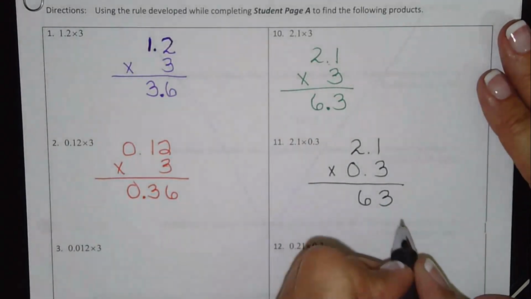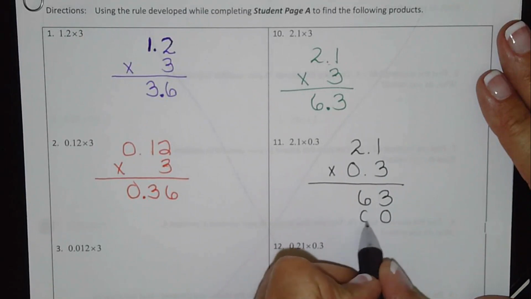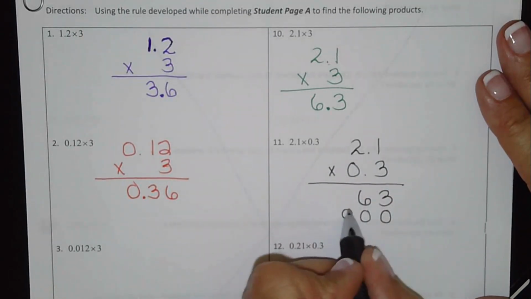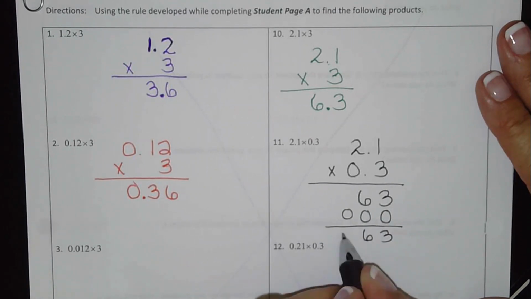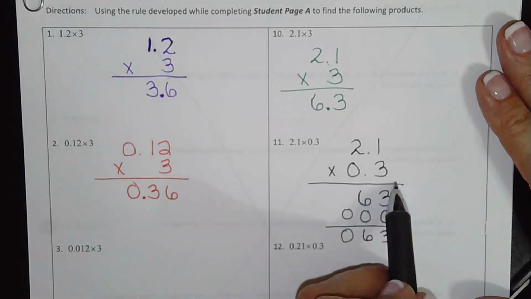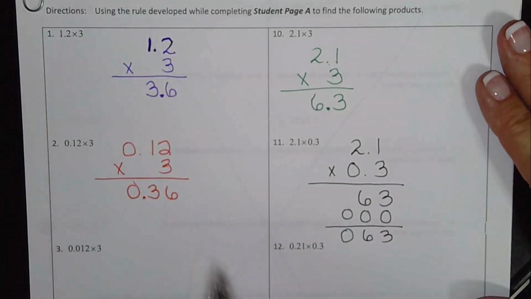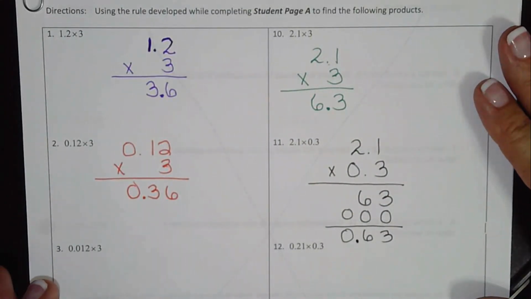So if you did, you would bring the 0 down and then you'd go 0 times 1 is 0. 0 times 2 is 0. So if it helps you to do that, go for it. And then I count my decimal places. 1 plus 1 is 2. So counting from the back, my answer needs to have 2 decimal places.